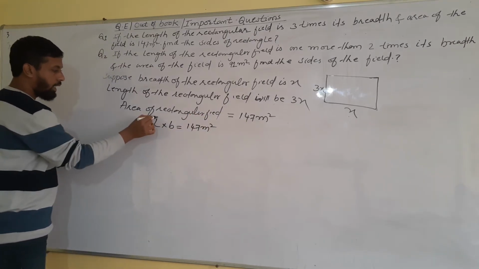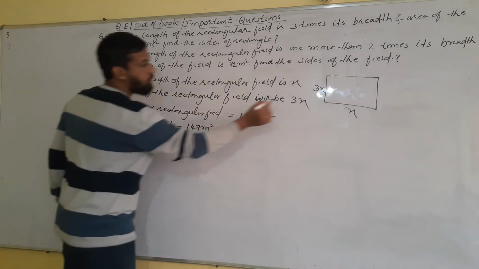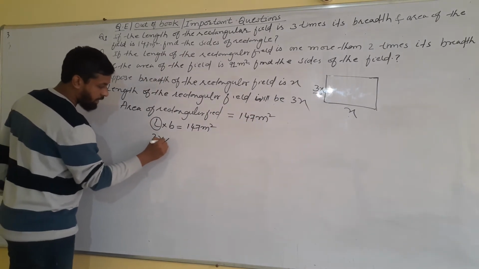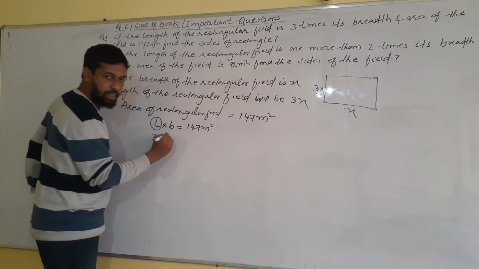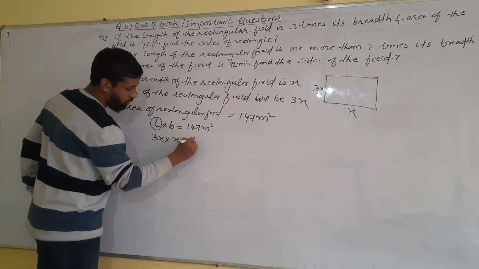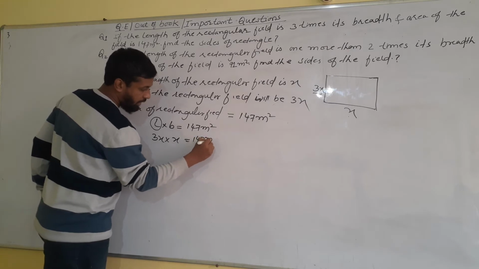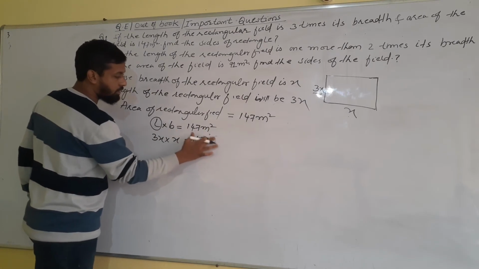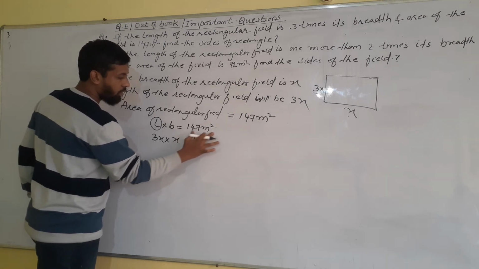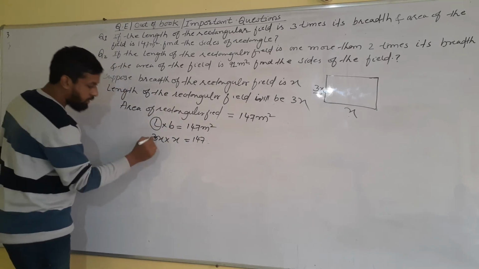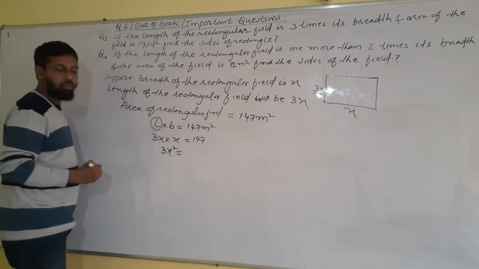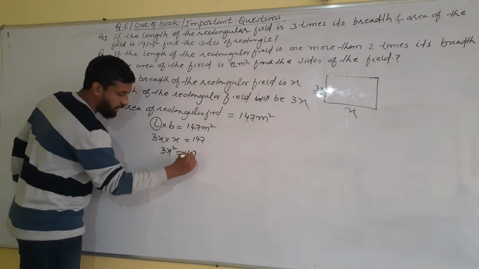Now in our problem, length is 3x, into breadth x, which is equal to 147. I will not write meter now. 3x into x will be 3x square, which is equal to 147.